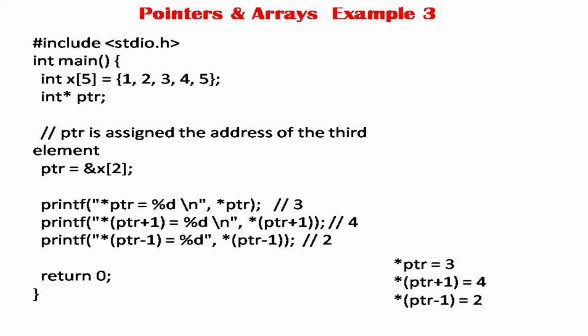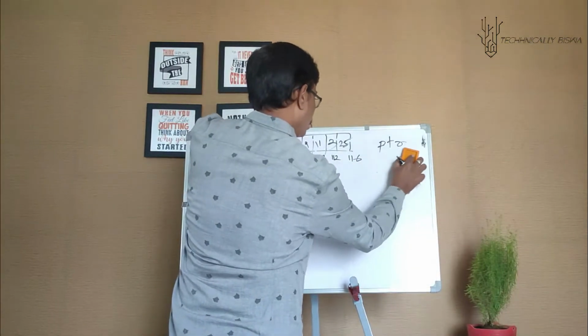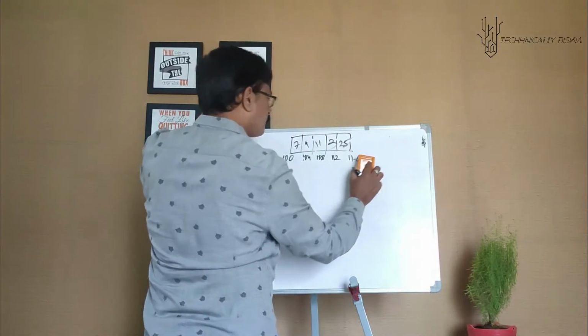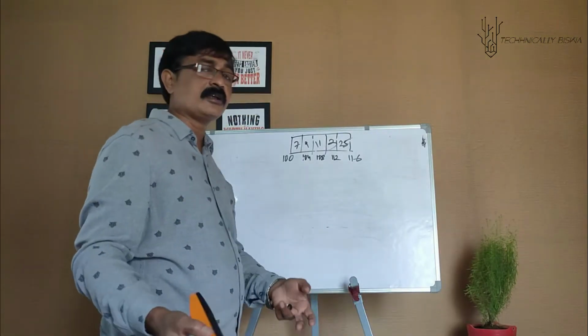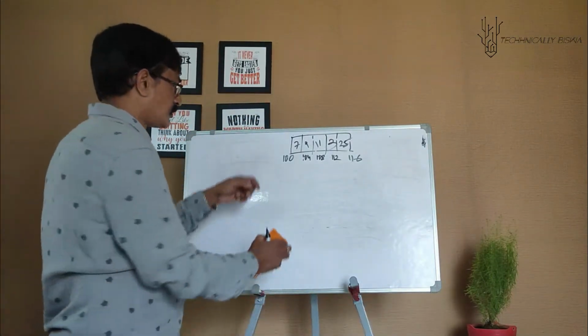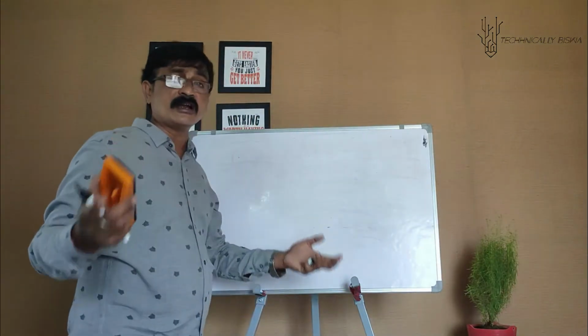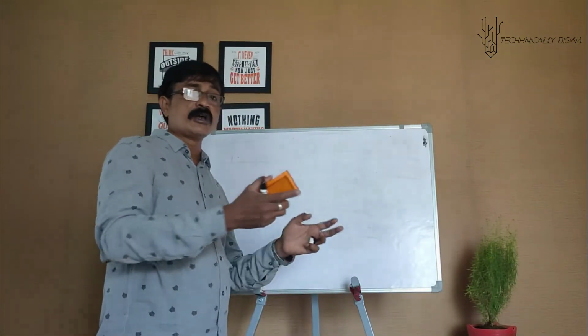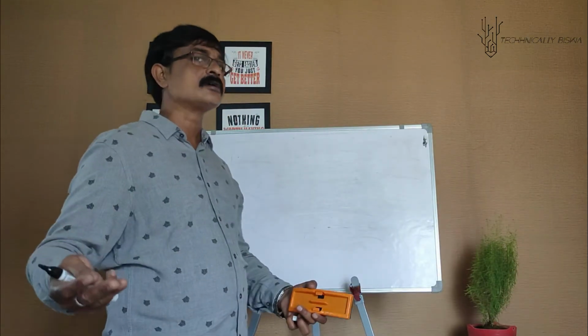Alright friends, now using a variable pointer with an array is always better than using a constant pointer, because it gives you flexibility. With that variable pointer, you can move around, you can do changes. But yes, it's a bit dangerous. Why?